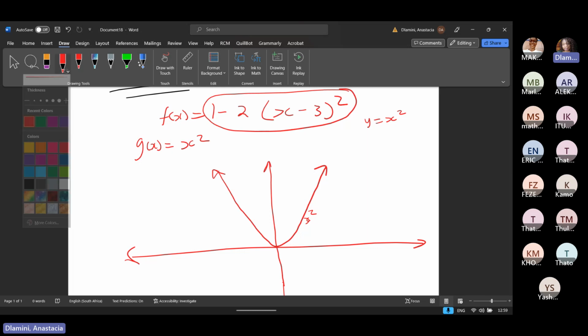So now I want to draw y equals 2x squared. What is the transformation there? If I multiply by 2, what am I doing to the graph?